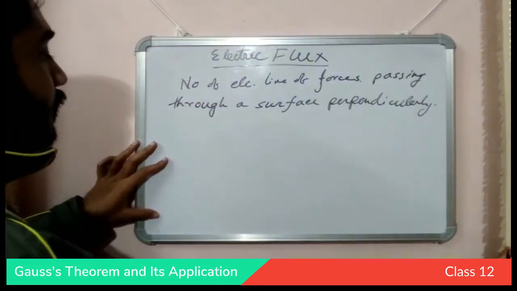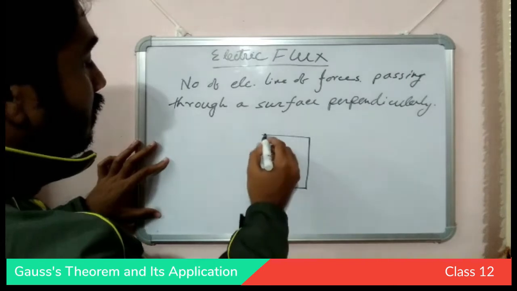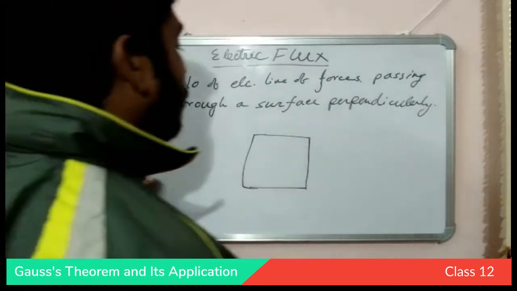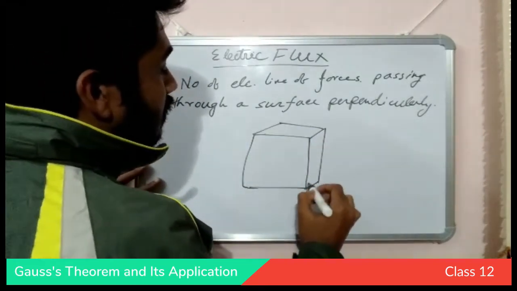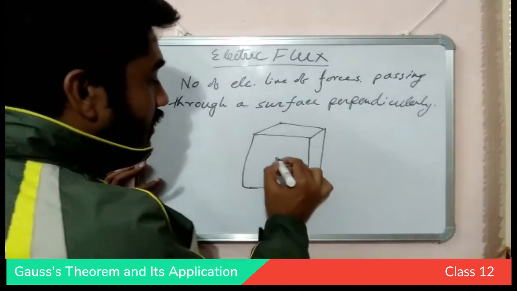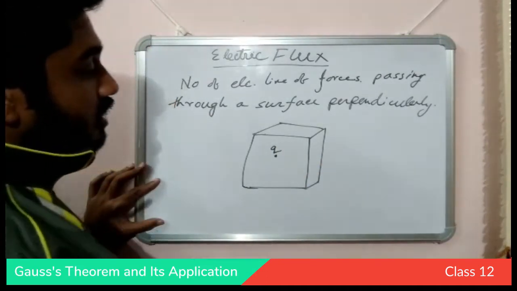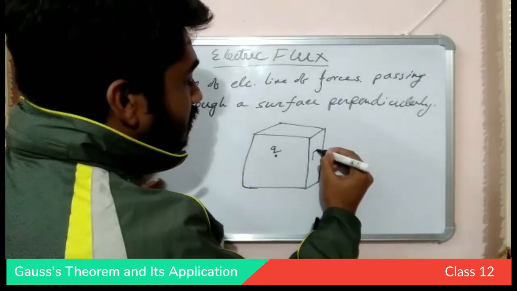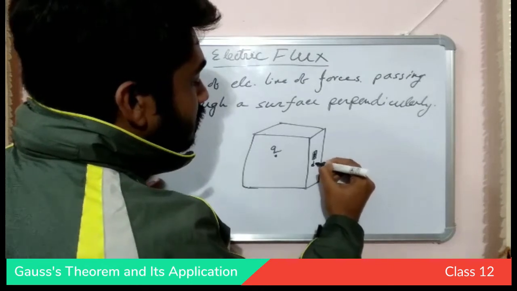Suppose it is the surface of a box, a cubical box or whatever, and a charge is present inside the box. So we consider a surface, this ds.